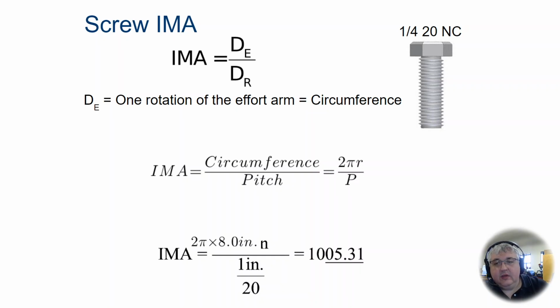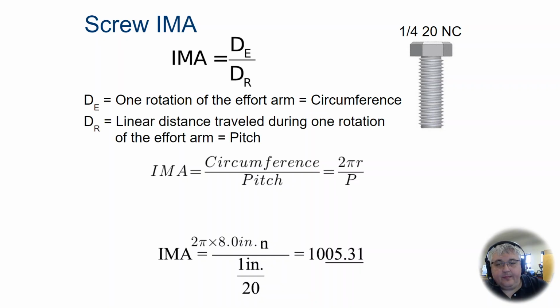Your effort distance is going to be 1 rotation of the wrench, and the resistance distance is going to be how far it moves down. If you think about it, we have great mechanical advantage because we're taking a wide swing of the wrench and only moving just a tiny bit, like 1/13 of an inch.